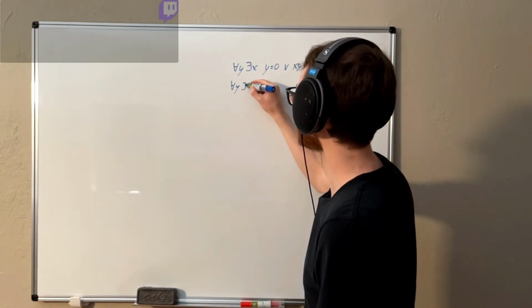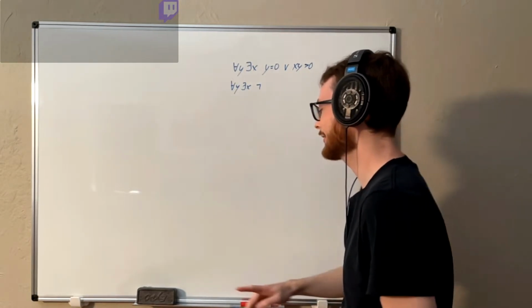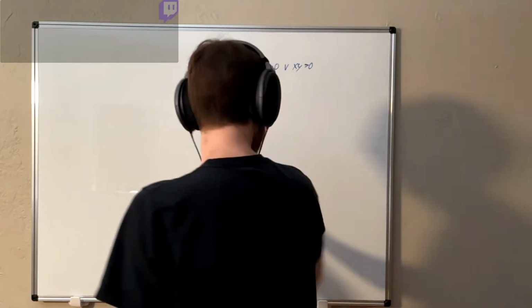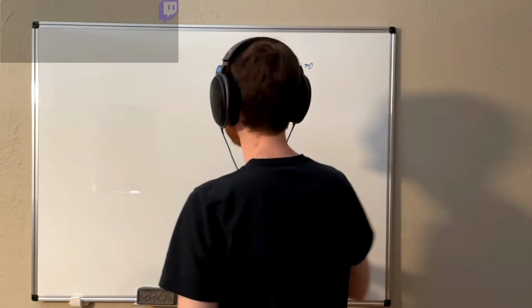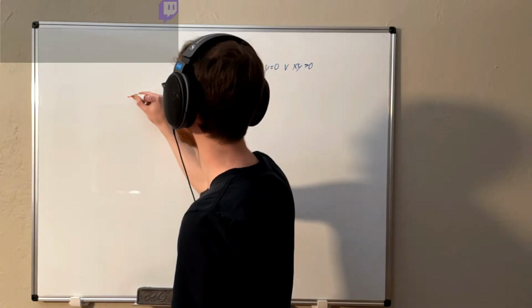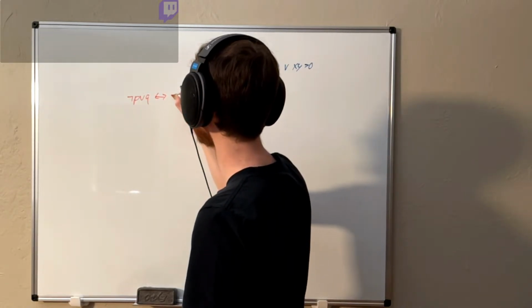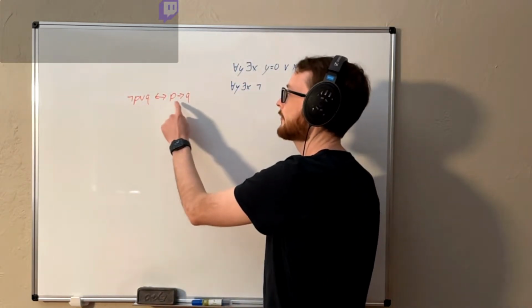What they're saying to do here is, before I even get into this, we want to use the property. Not P or Q, if and only if P then Q. These two statements are the same thing.